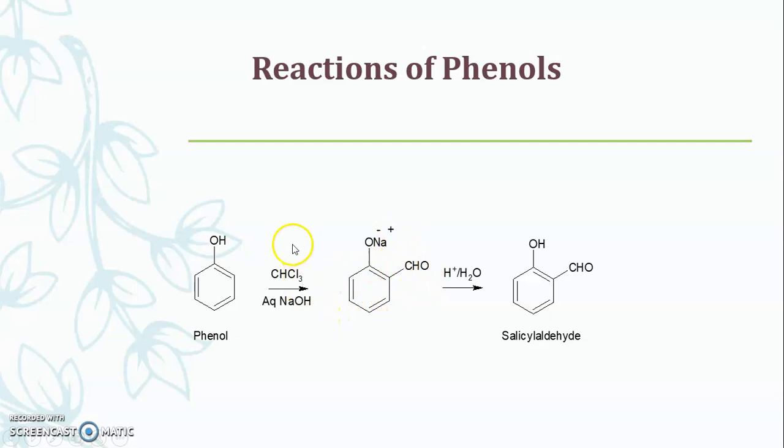Here you can see the aldehydic functional group is introduced at the ortho position, and further on acid hydrolysis, this phenoxide ion is converted into the phenolic functional group, which leads to the formation of salicylaldehyde. So this is about the Reimer-Tiemann formylation, given positive by all the phenols, where an aldehydic functional group is introduced at the ortho position of the phenol.